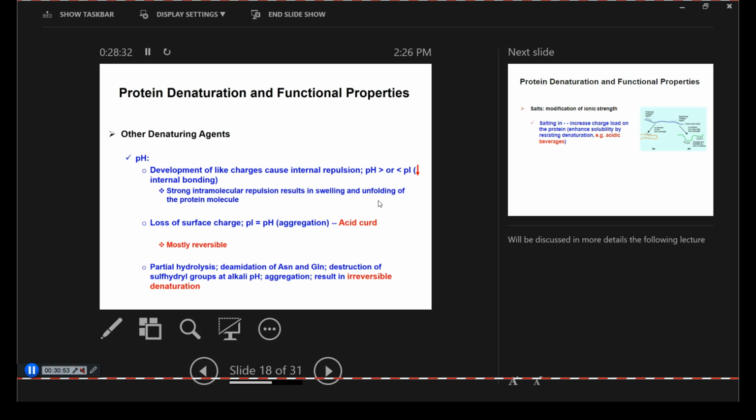So you break electrostatic interactions, and once electrostatic interactions are broken, again, the distance is going to grow, and when the distance grows, other interactions are going to be broken. Hydrogen bonding, hydrophobic.